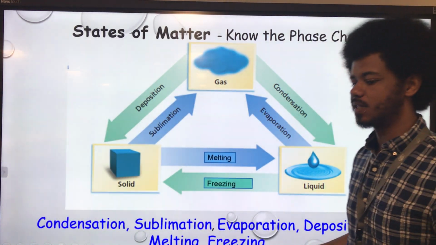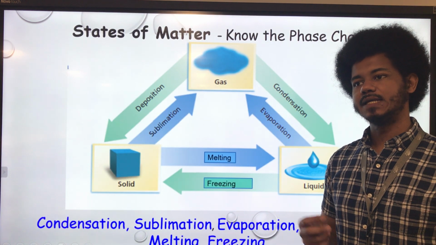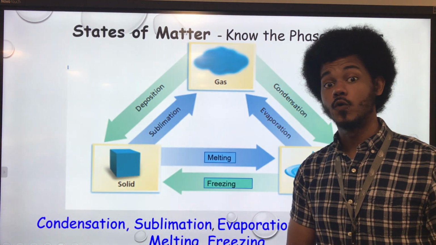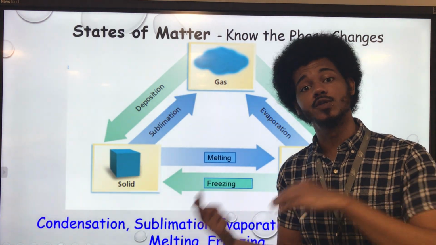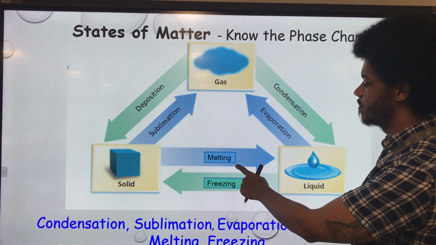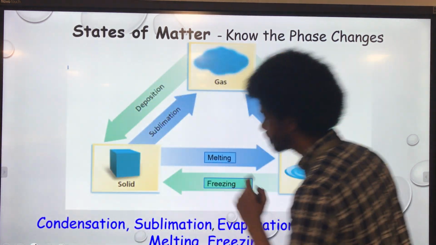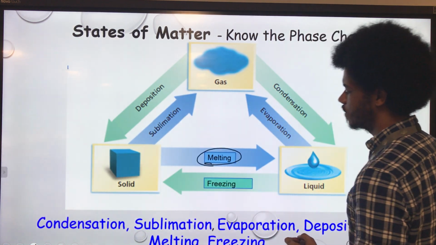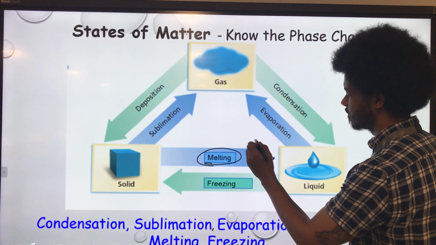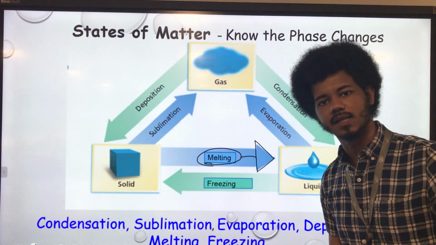Now, something that we mentioned: obviously the different states of matter can transform into one another, right? A solid can transform into a liquid when it melts. Let me bring the pen functionality back up. When a solid melts, that's going from a solid to a liquid.